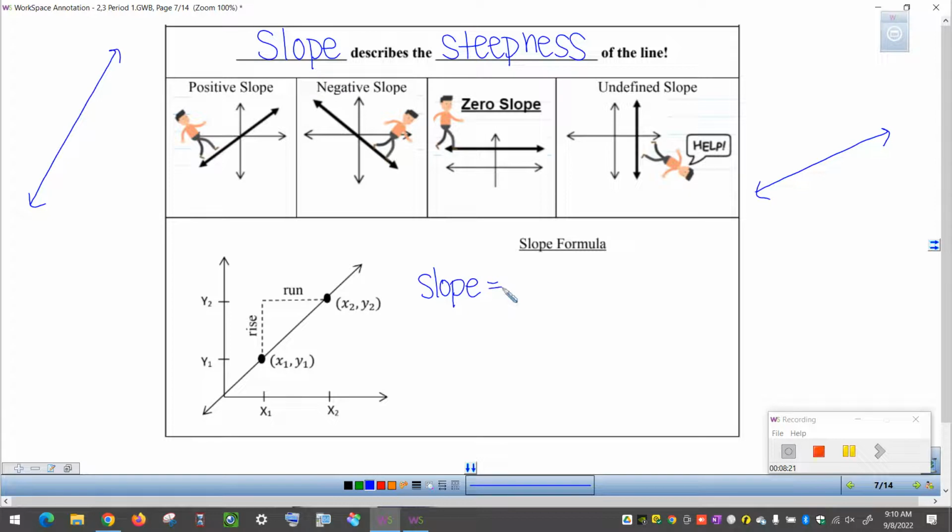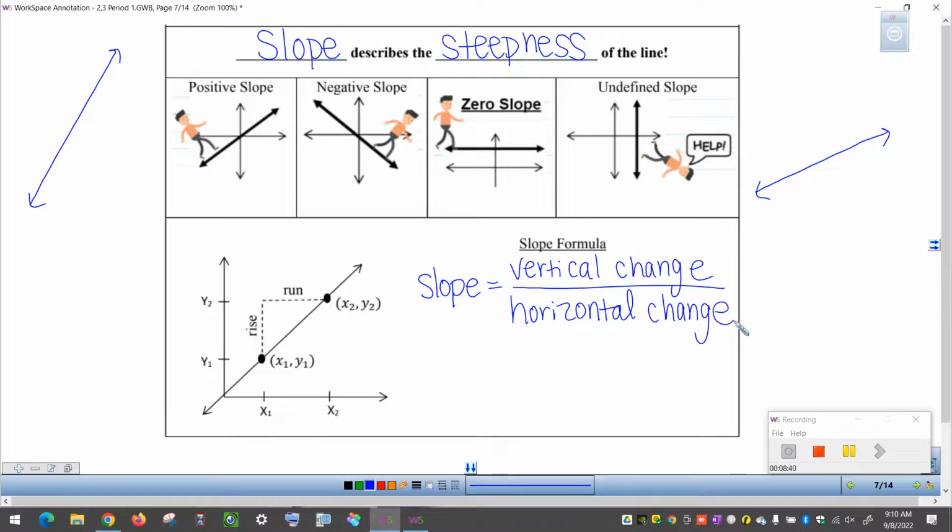So the way that we determine the steepness is we're looking at the ratio of the vertical change over the horizontal change. And so depending on how those numbers compare, so that's going from one point to another, that could either result in a really steep line or something that's not as steep.